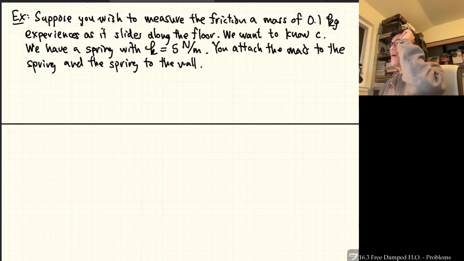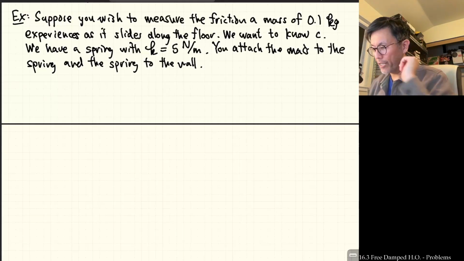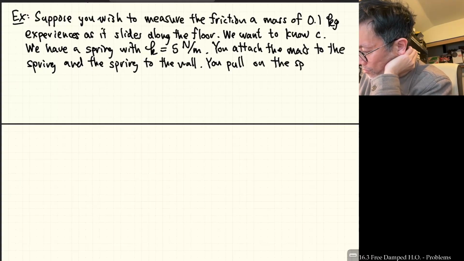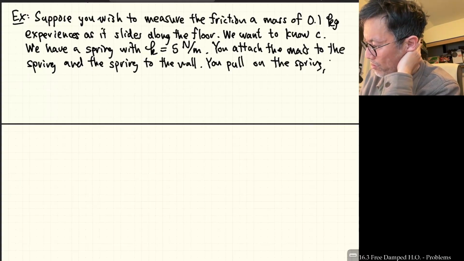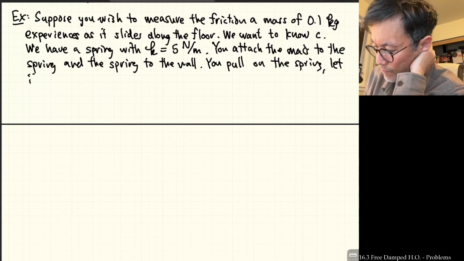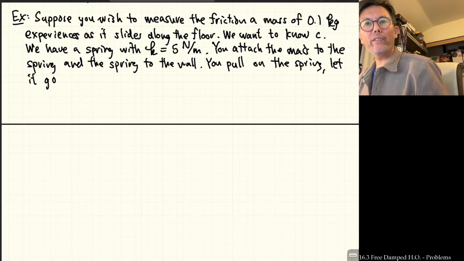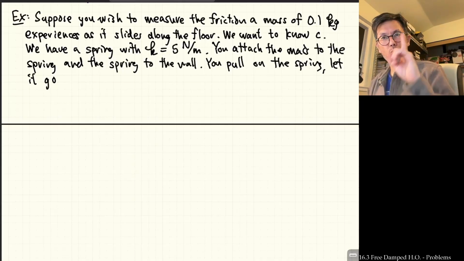You pull on the spring, let it go, and you observe that the mass oscillates with a frequency of 1 hertz.